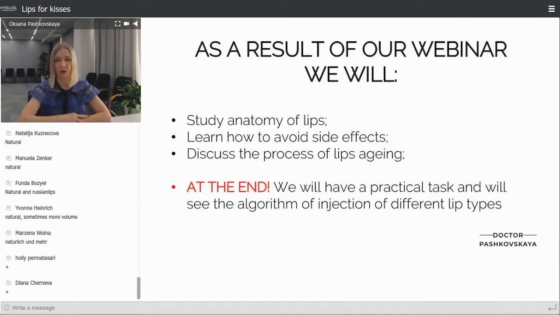So, study the anatomy of lips. Of course, anatomy is a theoretical science, so we should always refresh it in our mind, keeping in mind what is safe and what is dangerous. And today we also go through the anatomy. Learn how to avoid side effects.